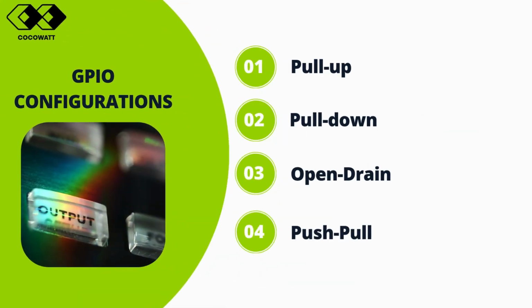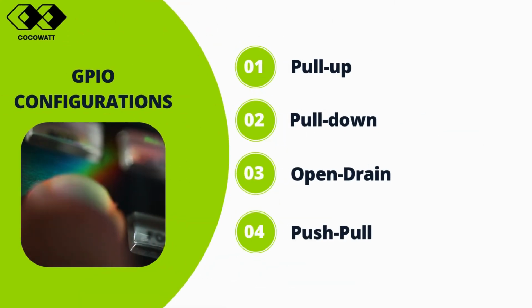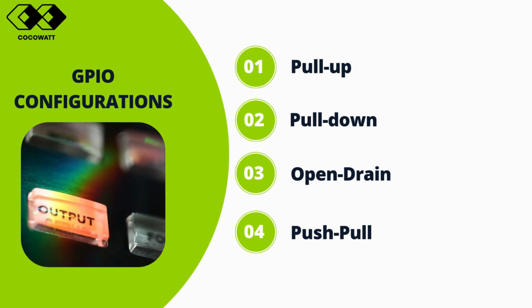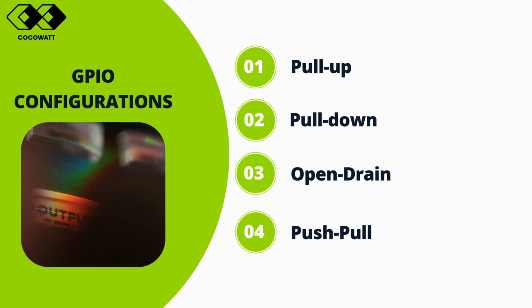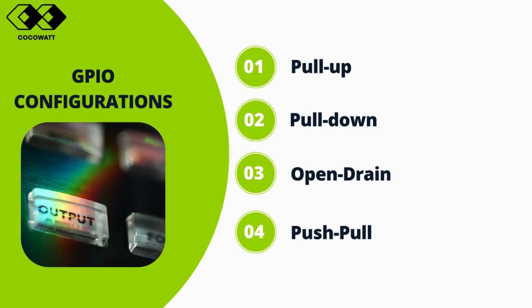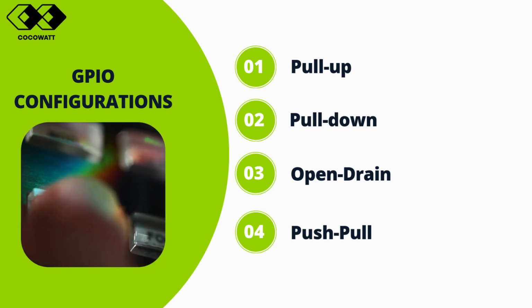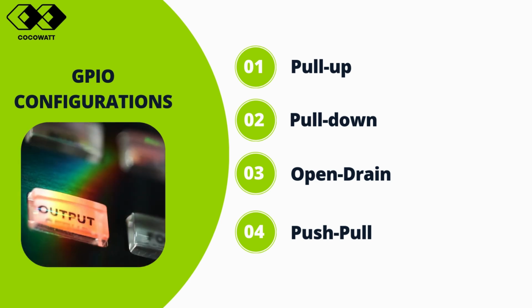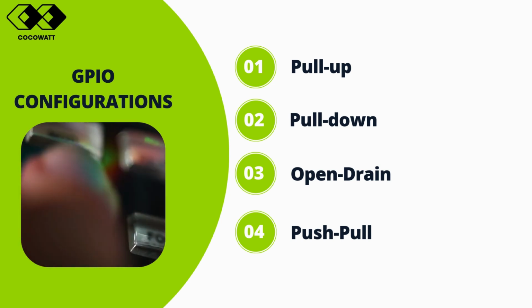Let's talk about an important concept in GPIO design: handling signals when no active input is present. Without proper signal handling, the GPIO pins can float, leading to unpredictable behavior. This is where pull-up resistors, pull-down resistors, open drain mode and push-pull configurations come into play.